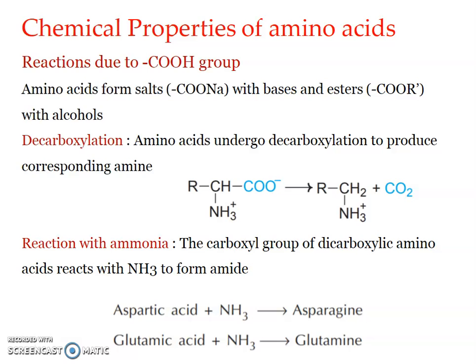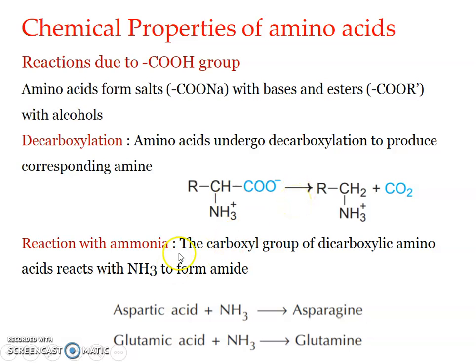Similarly, glutamic acid or glutamate gives rise to GABA, or gamma amino butyric acid, a neurotransmitter molecule which you may be learning in your physiology classes. Histamine, you will learn in your immunology classes. So all these molecules, histamine and GABA, are produced by the decarboxylation of amino acids.